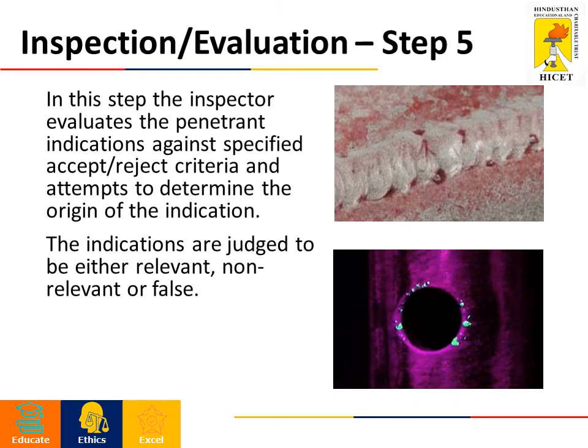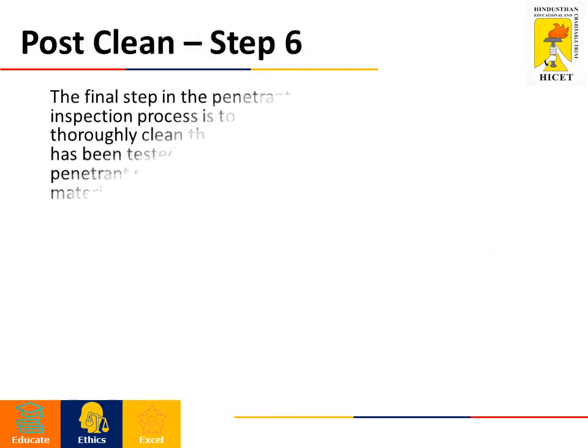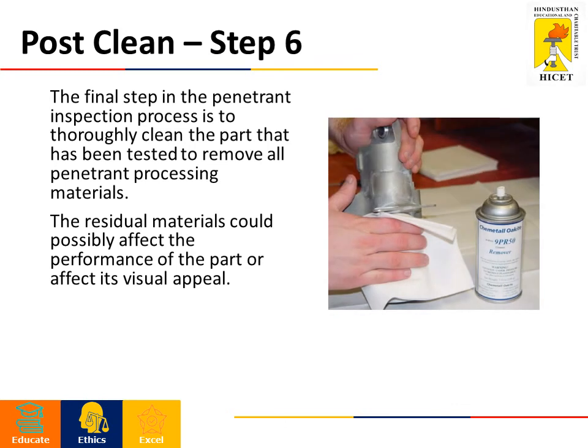Finally we can find the defect by using ultraviolet light or normal light, depending upon the PT, and then post clean. After completion of all processes, after finding the errors or discontinuity or crack, we have to clean everything again, the PT and developer.